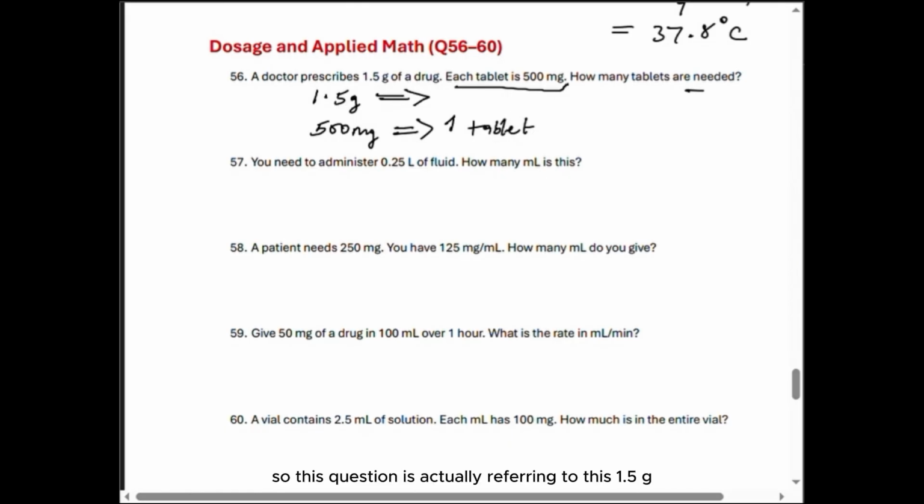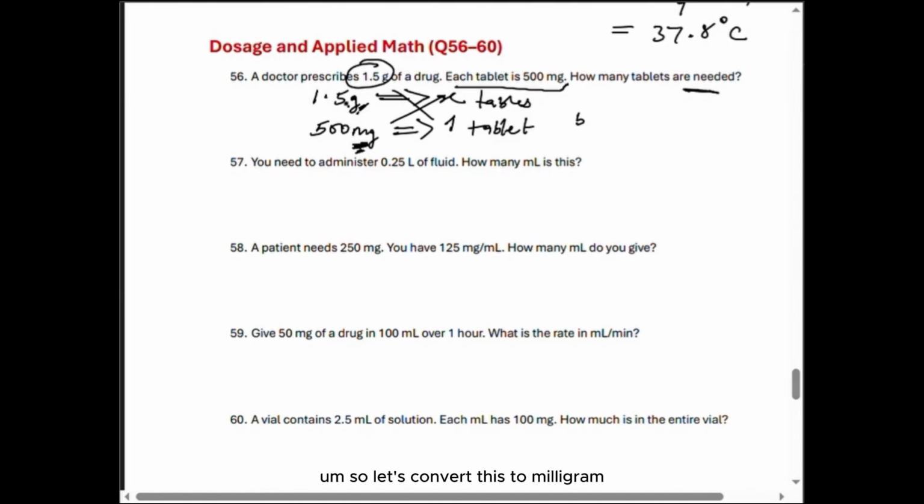So this question is referring to this 1.5 grams, and we need to look for x, which is the number of tablets. So you cross multiply. Don't forget, you have these units in milligrams, and you have this unit in grams. So either you convert this to milligrams and keep this as milligrams, or you convert this to grams and keep this as grams.